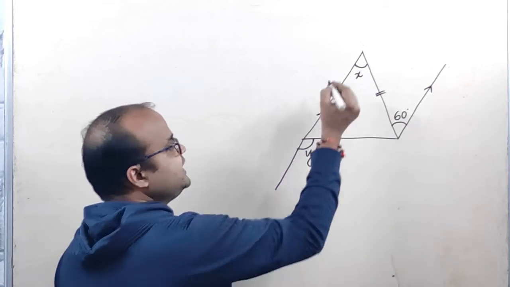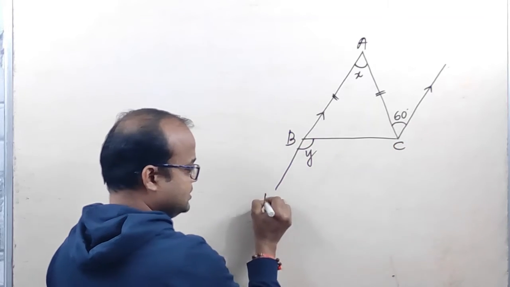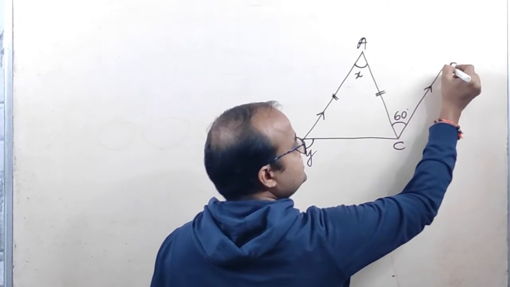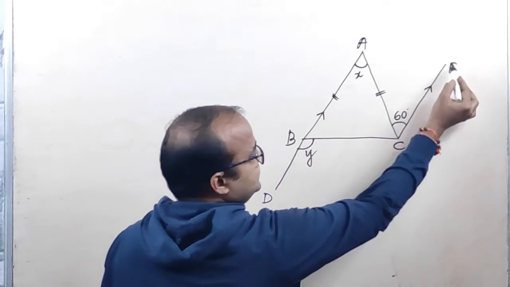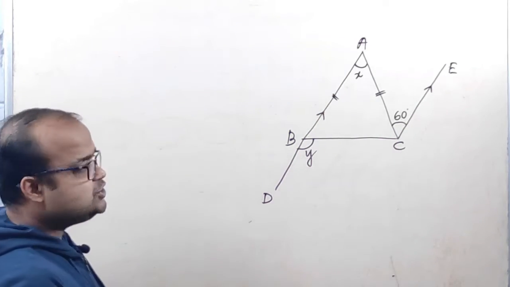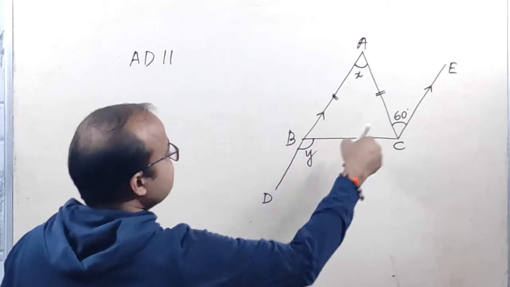So first we name the vertices A, B, C. This is D and it is E. So AD and EC are parallel to each other. AD is parallel to EC.